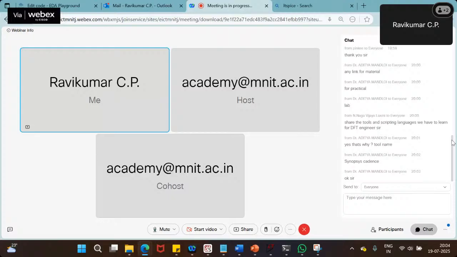So there is nothing wrong in that. The idea is for us to make sure that they get the concepts. Sorry if I'm being very blunt and a little harsh, but we don't have to always say that the Cadence tool is not there with us so we can't teach. Nobody expects you to use these tools in the colleges.